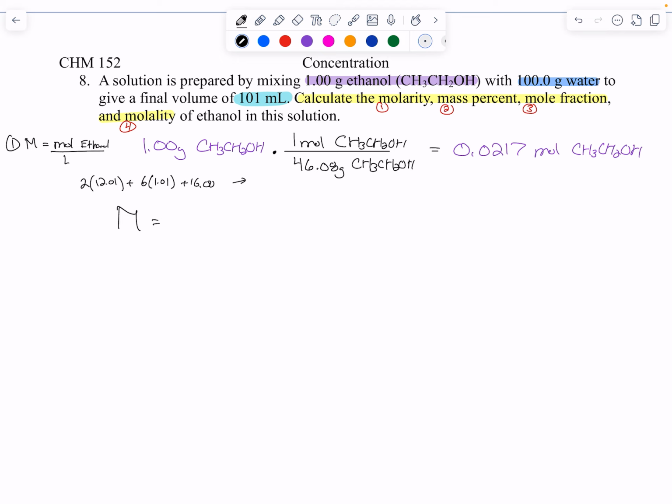The molarity would be 0.0217 moles of ethanol all over 101 milliliters, which is the same thing as 101 times 10 to the negative third liters, or 0.101 liters, however you want to convert it.